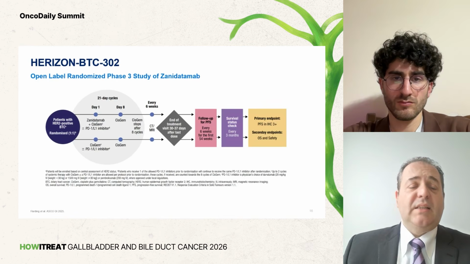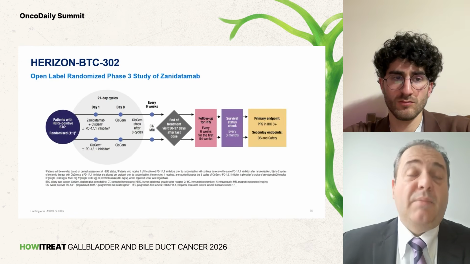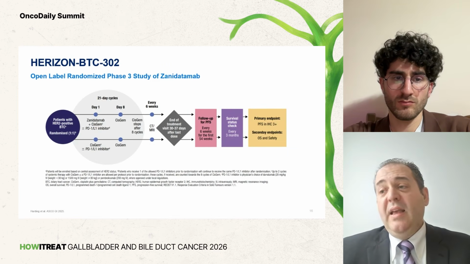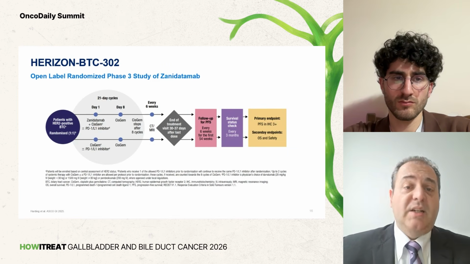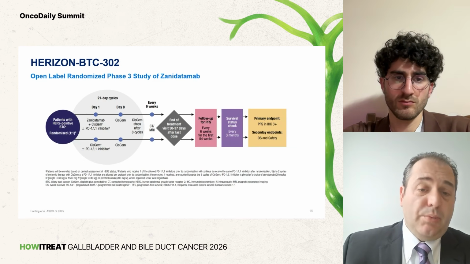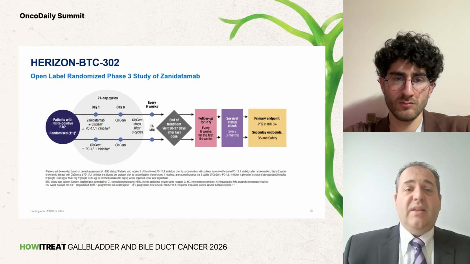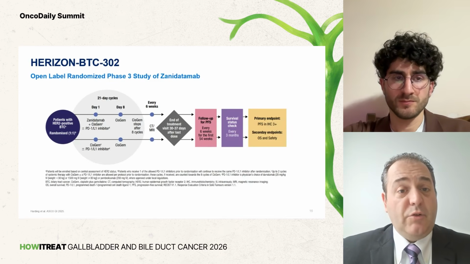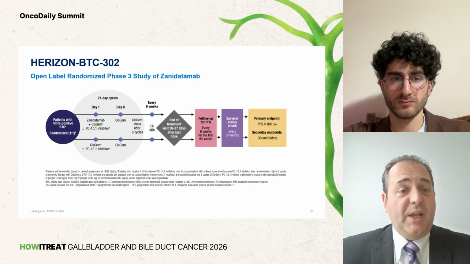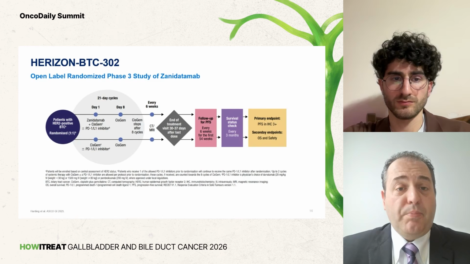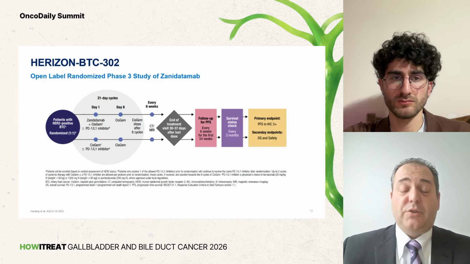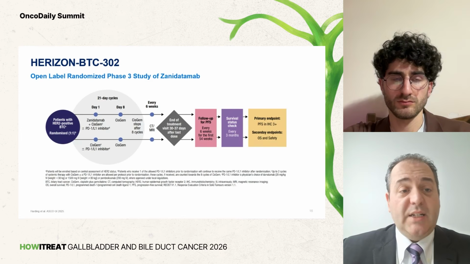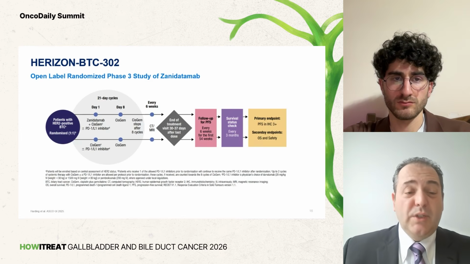And so presently, based on this data, zanidatamab has been conditionally approved by the FDA, has an EMA recommendation, and has a conditional approval in China, indicating that regulators view it as a potential treatment for advanced patients with HER2 positive IHC 3 plus biliary tract cancer. But in order to move the field forward and confirm these findings, HERIZON BTC-302 is ongoing.